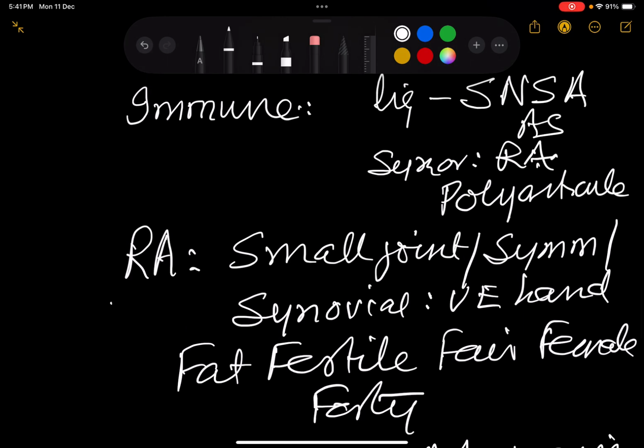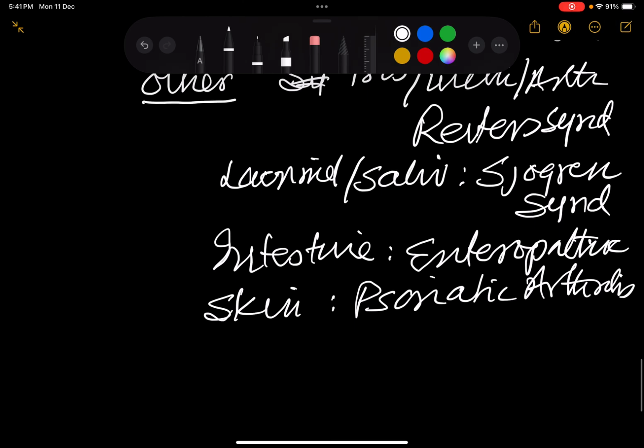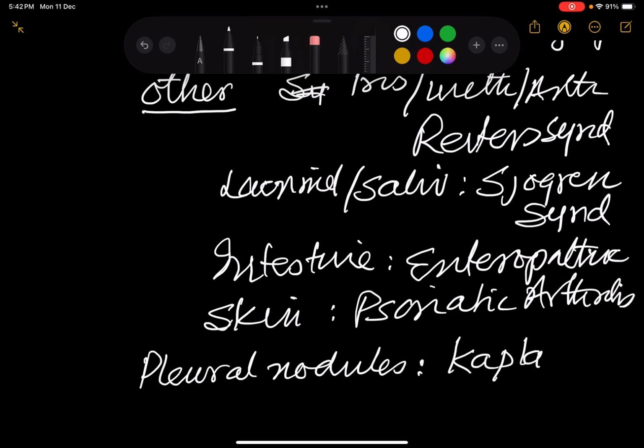So this can be a rheumatoid arthritis type, which is primarily ligamentous, and it can be a rheumatoid arthritis type, which is primarily synovial. Then there can be pleural nodules, and that is called Kaplan syndrome.